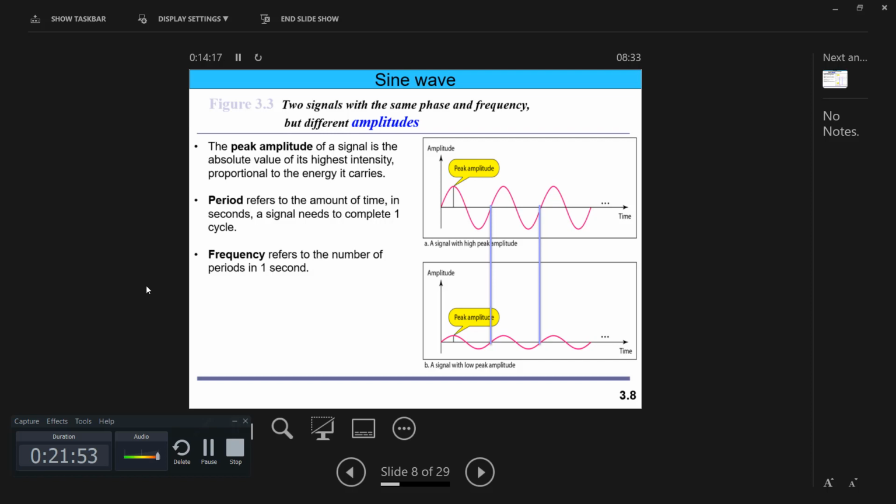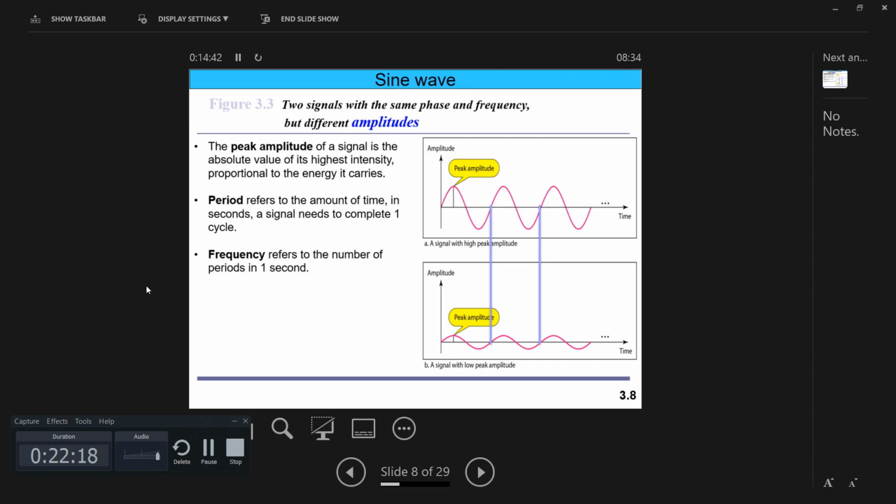The frequency is the number of periods in 1 second. So it's independent of how long the period is; frequency is counted in 1 second. Here I fix 1 second. How many periods? For example, this is one period, so the frequency is 1 hertz.